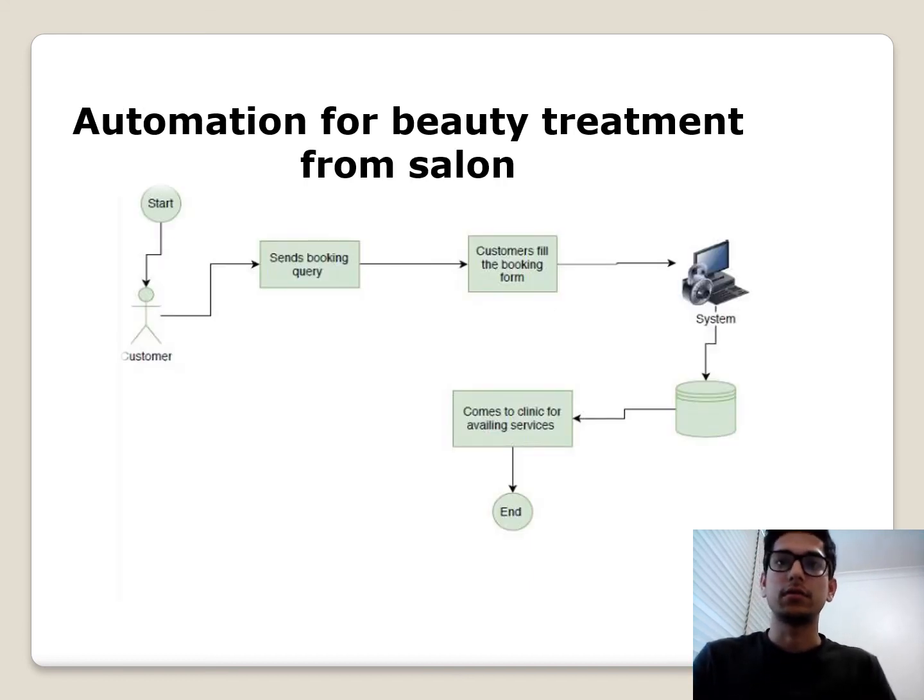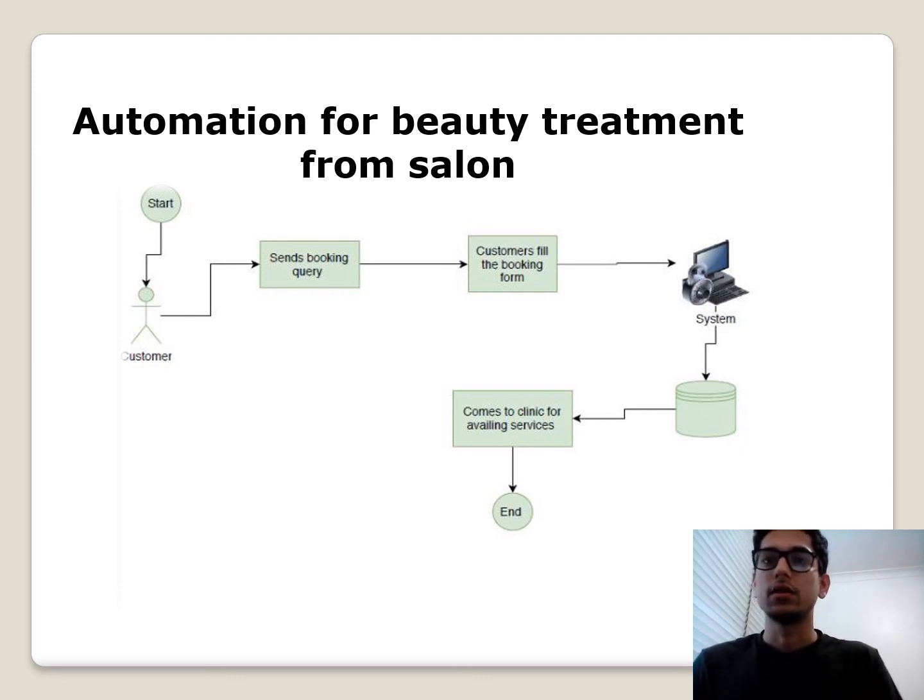Automation for beauty treatment for salon. So the process starts from the customer, and the customer sends the booking query. Then the booking query goes to the customer form, where the customer will fill the form. Then the whole process goes to a system, the system processes and stores it in a place and sends out the required data.